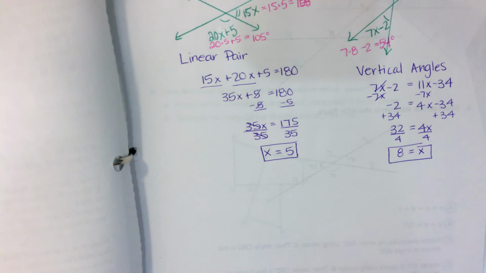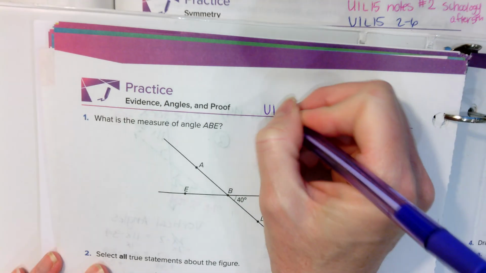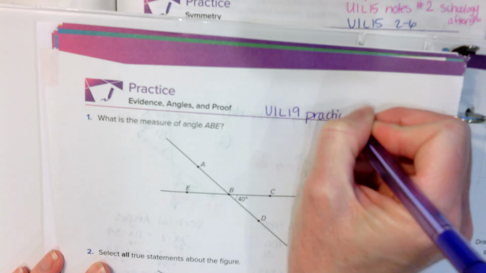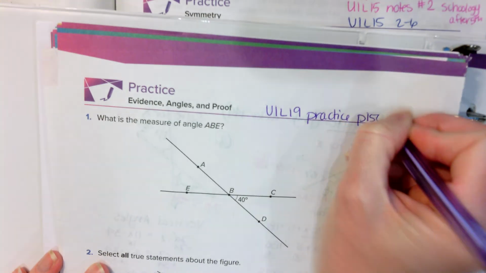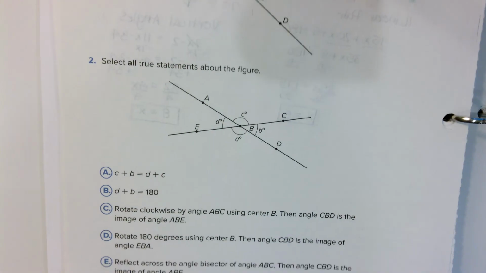So if you could flip to our practice, this is our unit on page 150, our unit 1, lesson 19 practice. I'm on page 150, and we're going to look at number 2 together in this video. So if I could slide it up, this is number 2 on page 150.